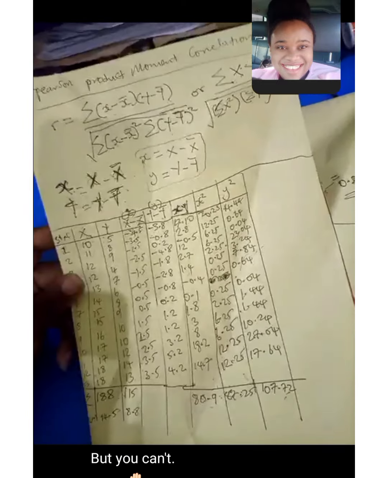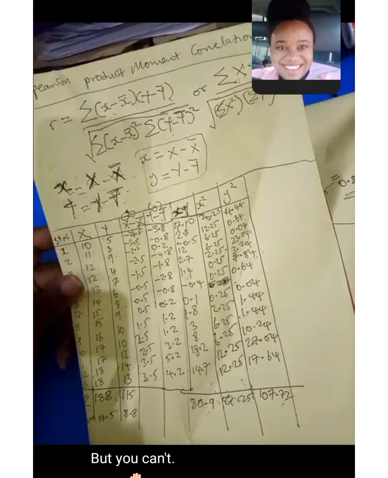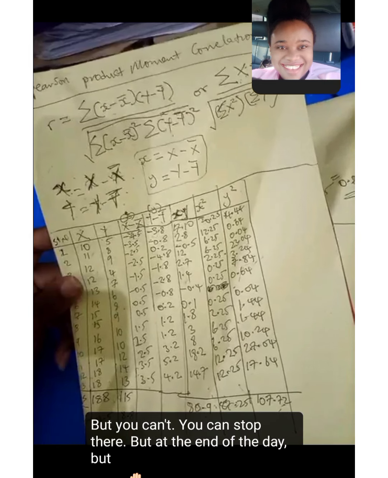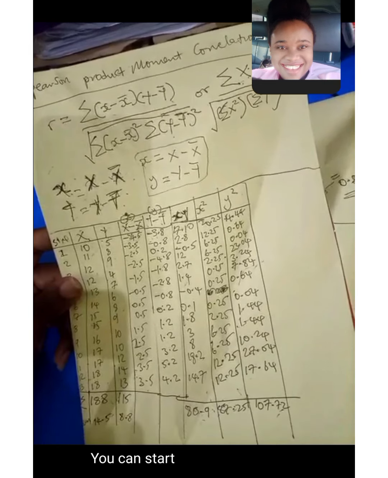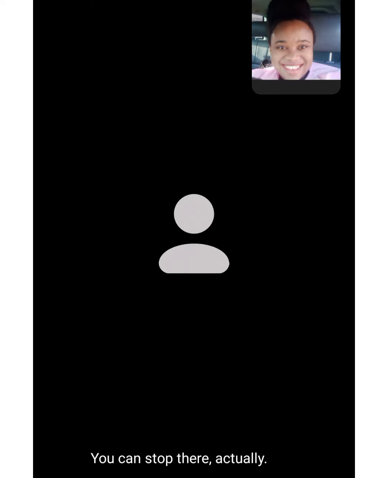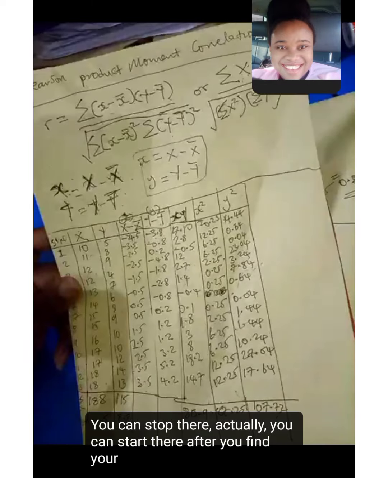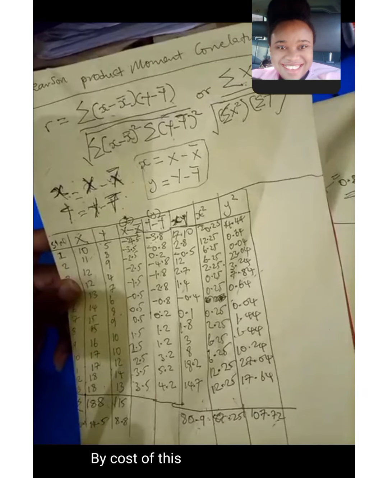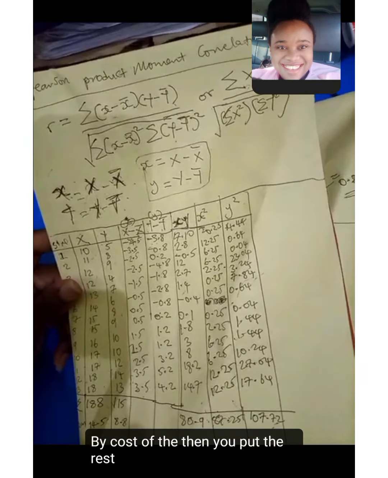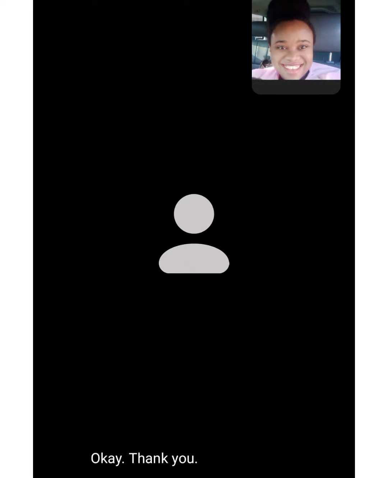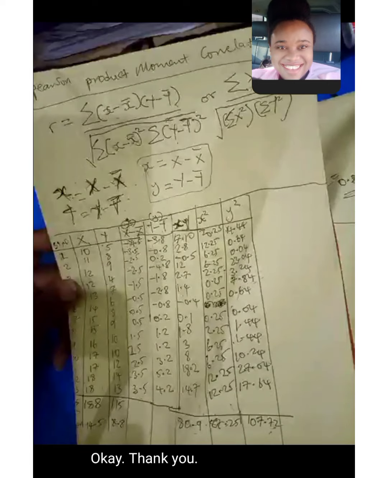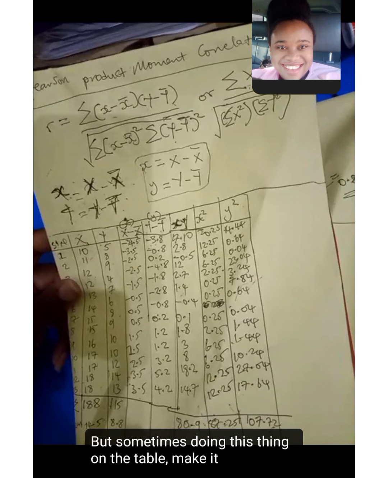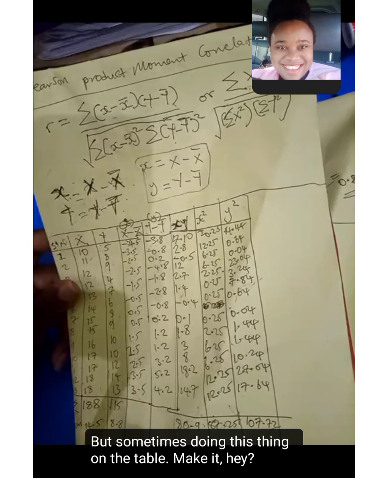You can stop there after you find your x minus x bar, y minus y bar. Then you put the rest in that formula. Yes, you can. But sometimes doing the thing on the table will make it more straightforward. But maybe putting the formula, you can be confused.